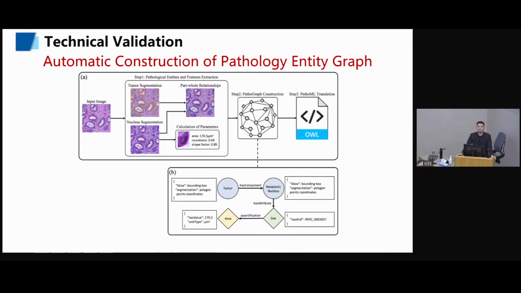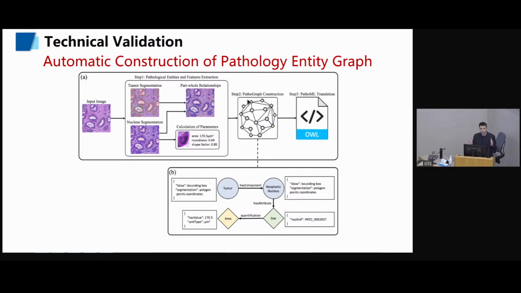I have some questions on these slides. On this slide you have two blocks, A and B, right? Yes. And in A you have three steps. So what I'm wondering is, what is the graph? Is it the whole block, or just step 2? Just step 2. The whole block A represents the construction pipeline for the pathology entity graph, just the way you get the graph.